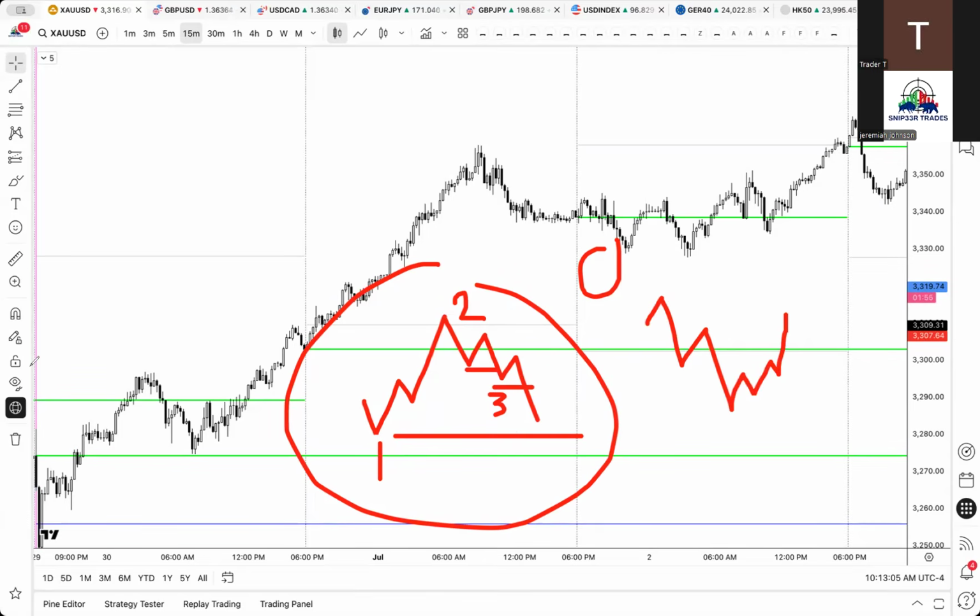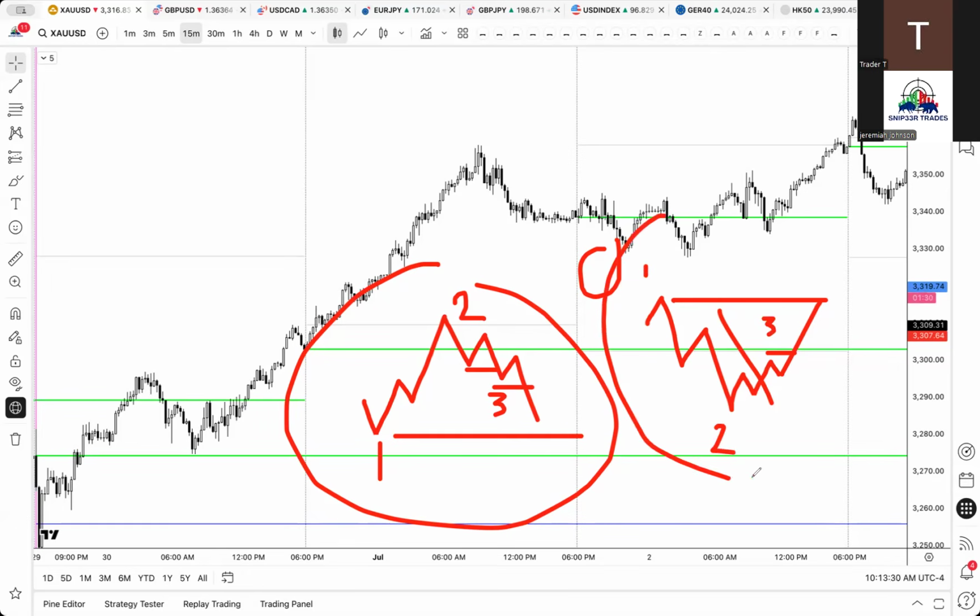And as far as entering these trade setups, you're either waiting for the higher high and the pullback for the continuation, or the lower low and the pullback for the continuation. And that is it. In my opinion, that is the true essence of entries.